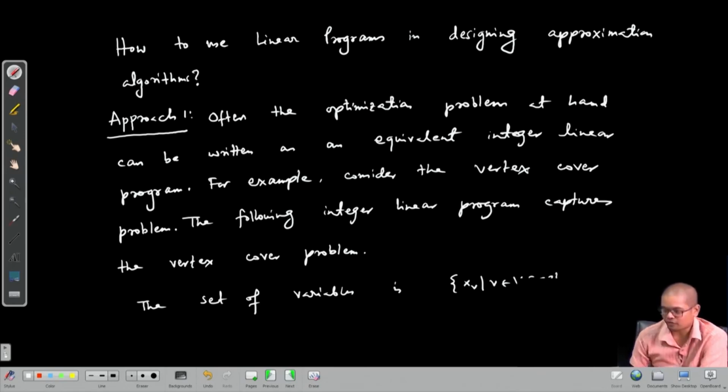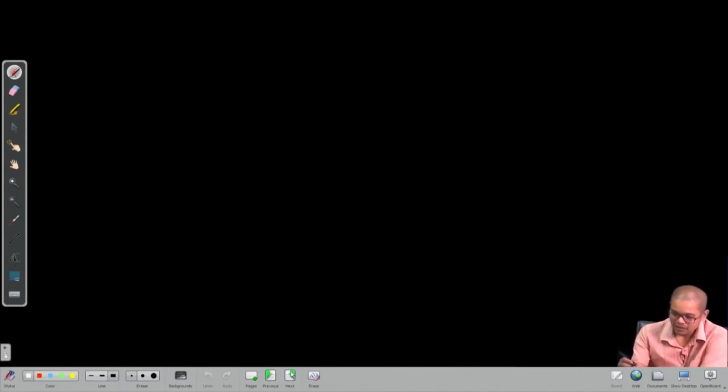For each vertex in the graph G, we have a variable, and the idea is that the variable takes only 0, 1 values, either 0 or 1, and if we pick it in the vertex cover, then we set the variable to be 1.